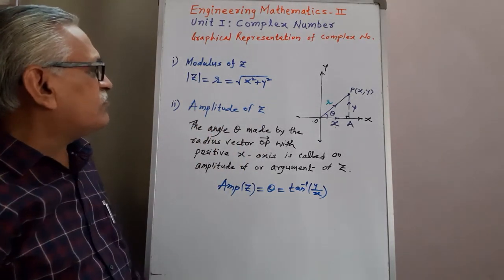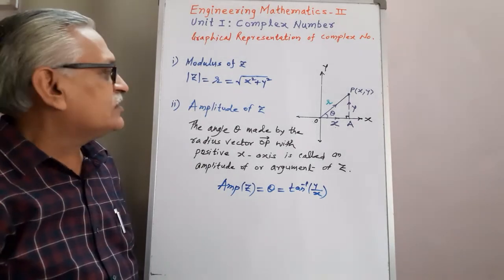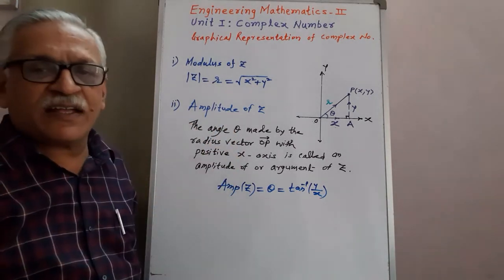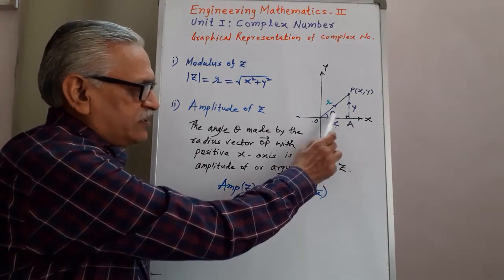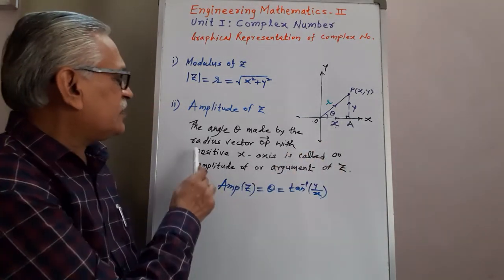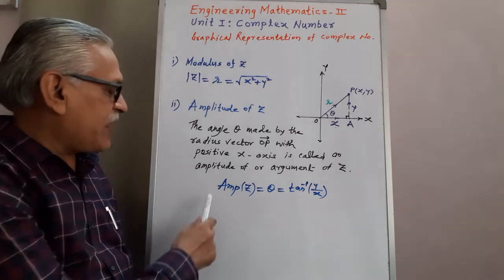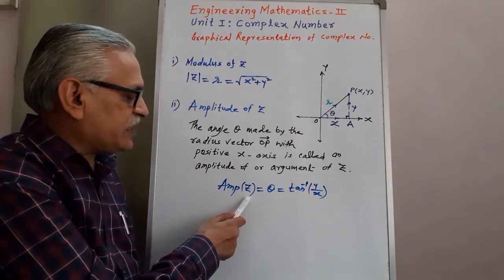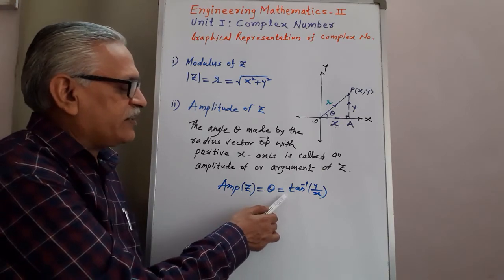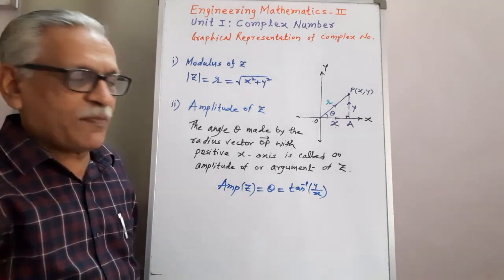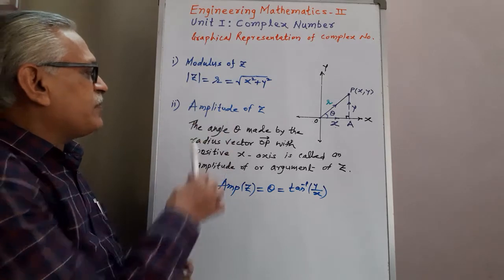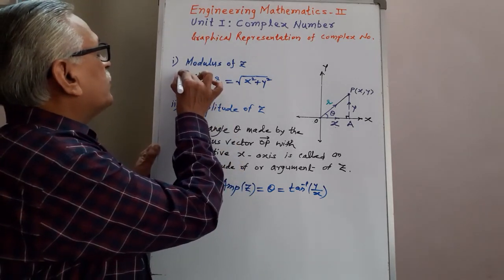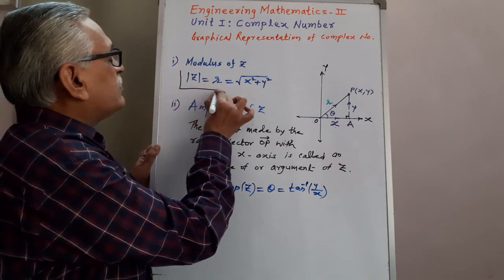That is called the mod of z. Then the second term is the amplitude of z. If theta is the angle made by that radius vector with the positive x-axis, then the amplitude of that complex number z is theta, and it is defined as tan inverse of y by x. Therefore, remember these two important definitions or terms from complex number.